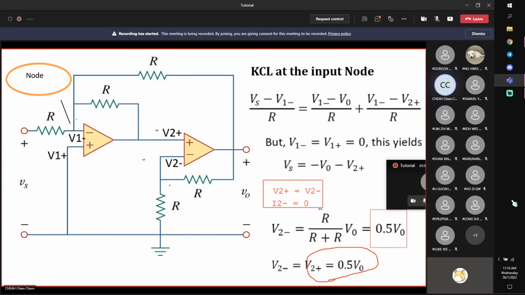So either you use voltage division law or you apply nodal analysis again. Like this is the node voltage V2 plus. Take KCL at this node. You can write down the same equation. Okay, and the idea is that I now relate my node voltage, right, to the output.